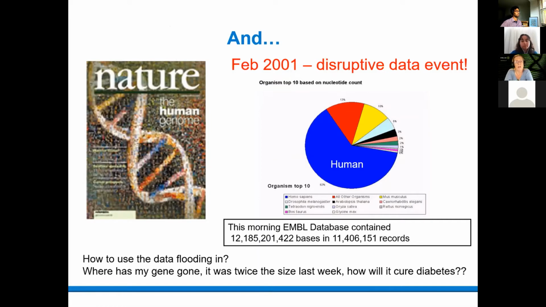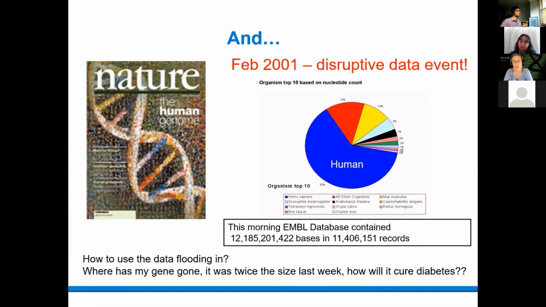So this is what the EMBL database looked like around the time the first draft human genome appeared in it. And at that point, over 60% of all of the information in the EMBL and of course the NCBI's version of the database is all human. And there were a lot of questions then, what on earth is going to happen to all the people that work on plants and bacteria and fish?